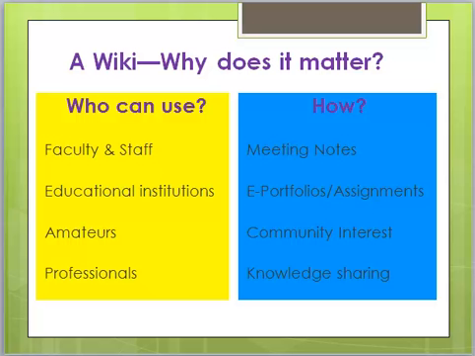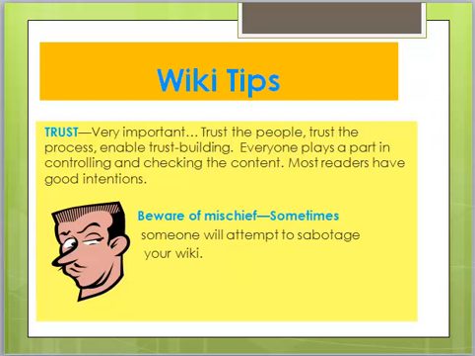Now, you do need to know some important tips for using a wiki. Number one is trust. You have to be trustworthy, and you need to know that all involved in the wiki have a personal, professional desire to see it as a tool of advancement. So it's very important to build the trust on your wiki and the group that is collaborating.